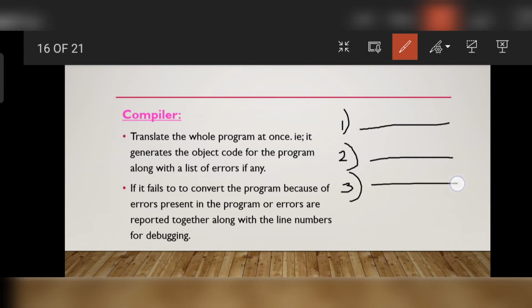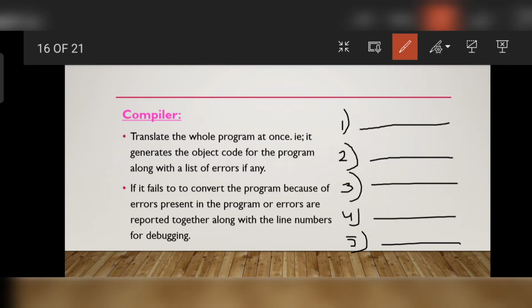We will enter the third line, fourth line, and if we completed the program with the fifth line, okay, if there is only 5 lines in the program, then after entering all these 5 lines of instructions into the computer, then we will ask the compiler to translate this program into machine level language code.